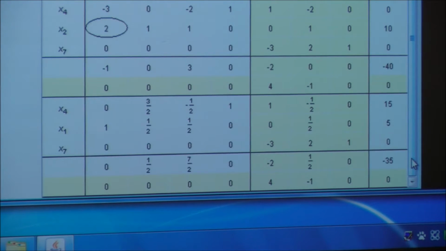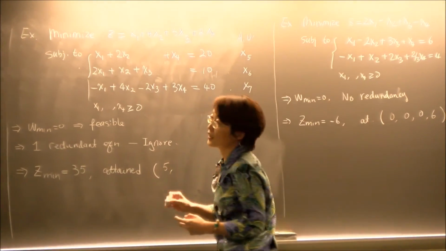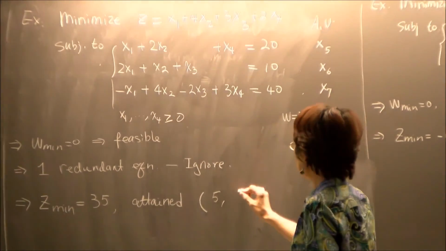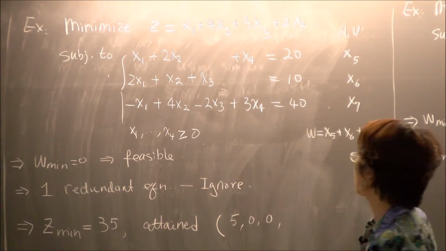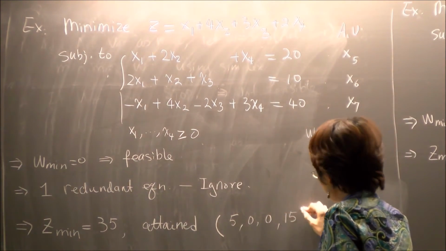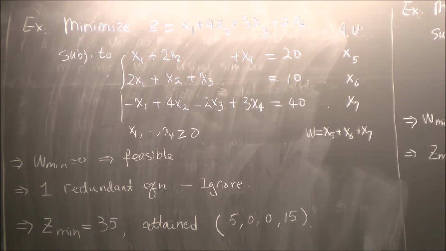Is that clear? So x1 is 5, and x2 is 0, x3 is 0, x4 is 15. Okay? Any questions?